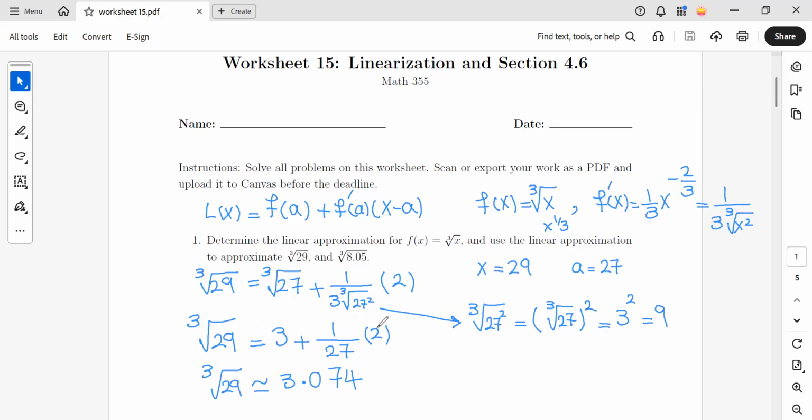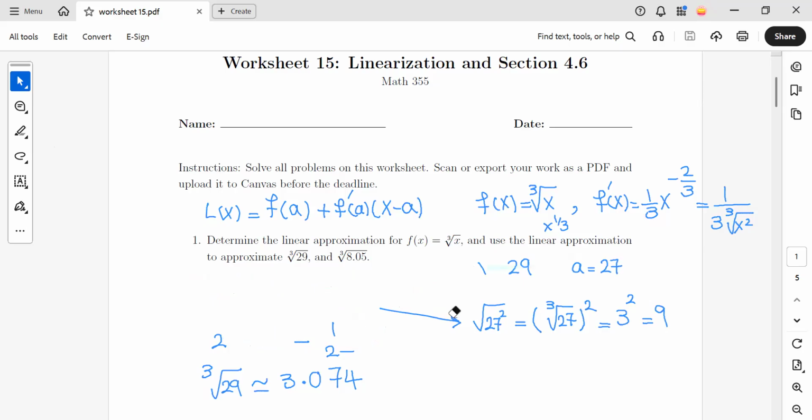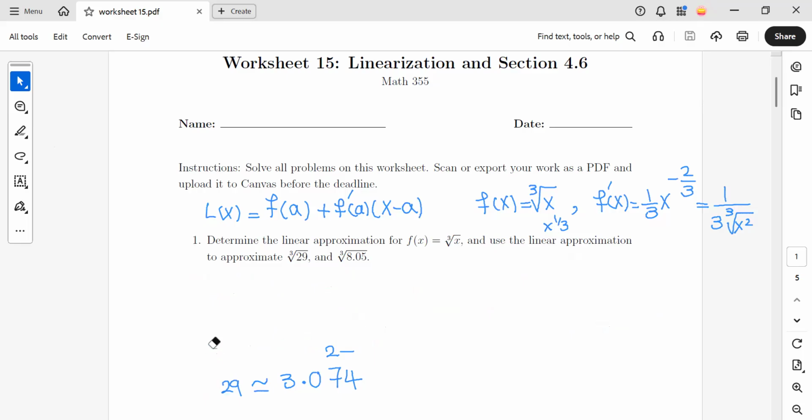For the next one, which is cube root of 8.05, we're going to use the same formula, but with different numbers. Think of a number close to 8.05 which we know the cube root of.